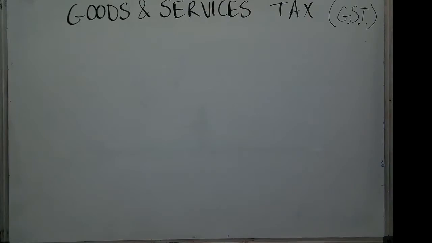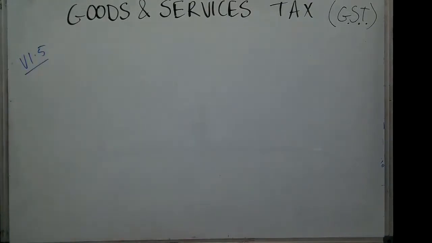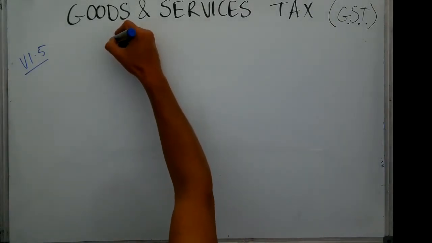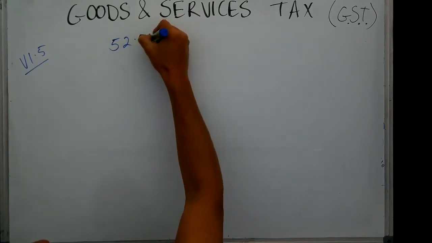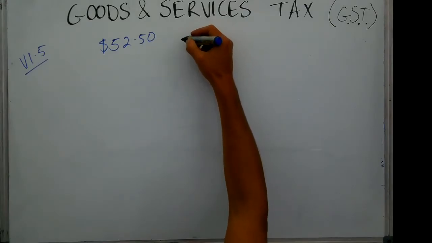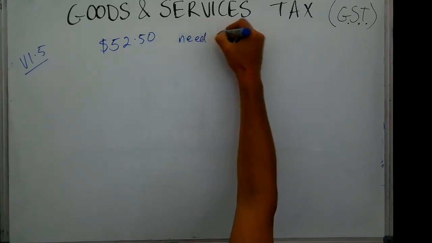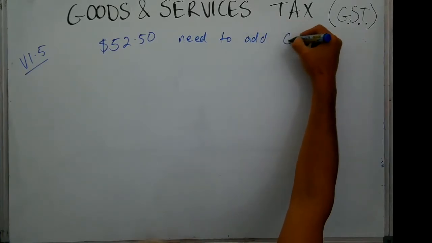So the first one, this is 1.5. And the cost of a $52.50 item after applying GST. So we've got $52.50, and we need to add GST.